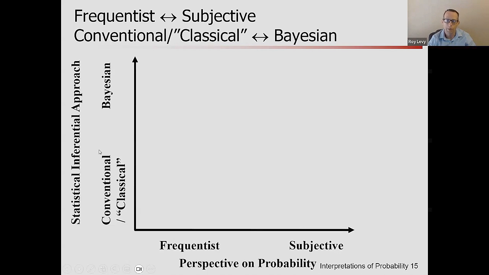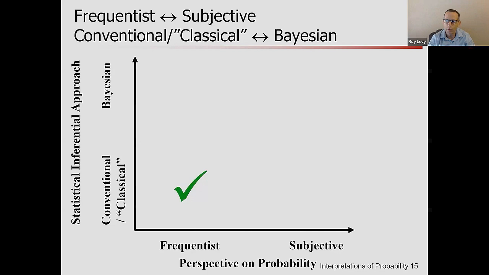Along the vertical axis is the kind of statistical inferential approaches that we could use. One is what you might think of as conventional or classical approaches, or frequentist sometimes, but I'm going to hold off on using that, or Bayesian. Conventional is the kind of stuff that you're used to seeing from most of your statistics training and experiences.